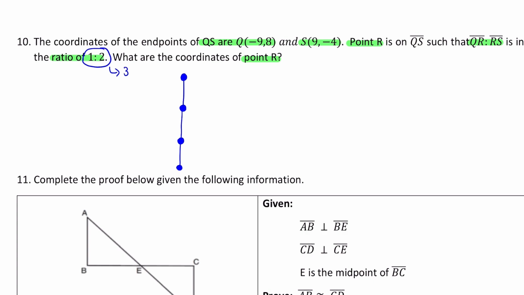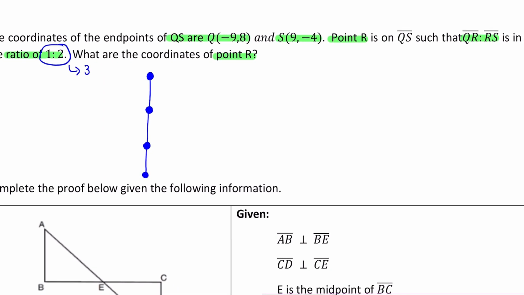Again, it's a drawing. It doesn't need to be perfectly accurate, right? And I know that my first point is going to be Q, which was negative 9, 8. And my last point is going to be S, which is 9, negative 4. Now, those 2 points in between represent actual points. Before we go any further, I want you to think about which point is going to be my answer.